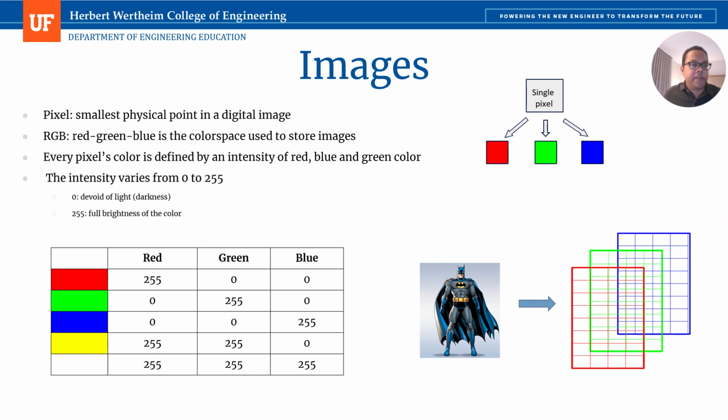Each one of the values of those matrices will range from 0 to 255, and with that you can create a specific color for every pixel. That's really important to understand.